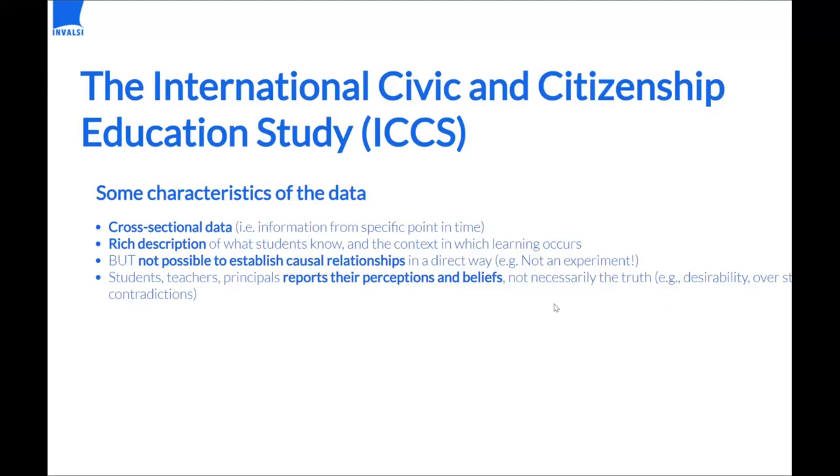We can have overstatements that are more pronounced in different cultures. We have contradictions too. Those are limitations that are general for any type of study based on a survey.